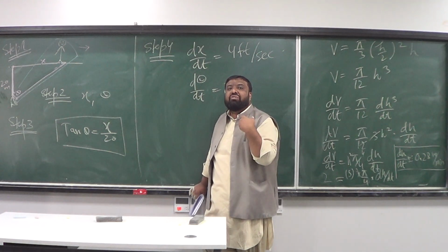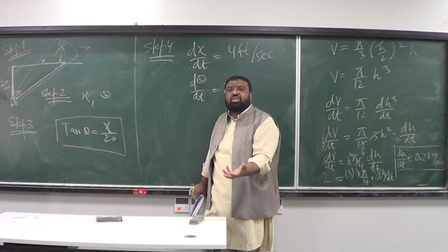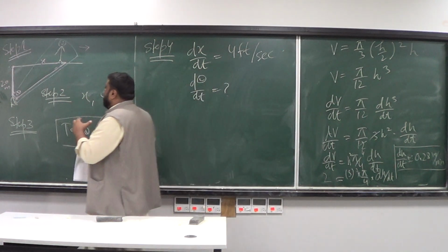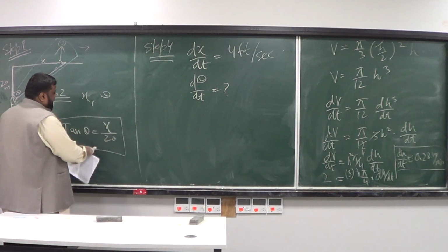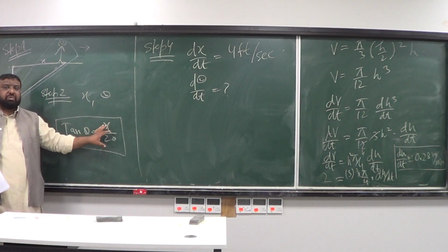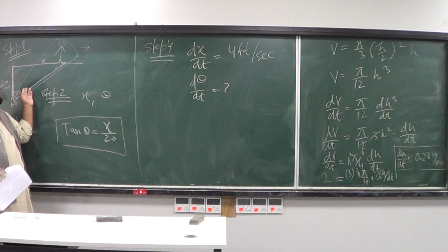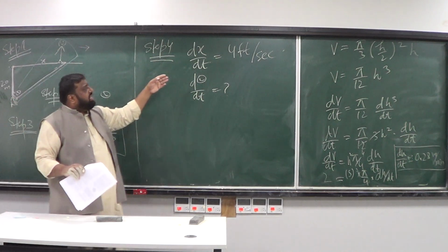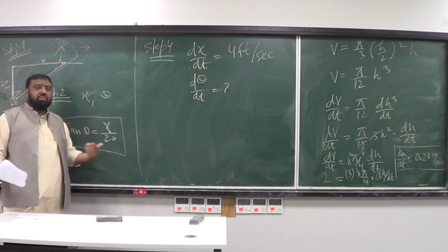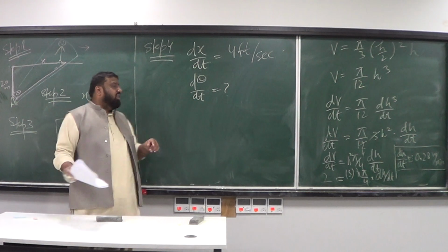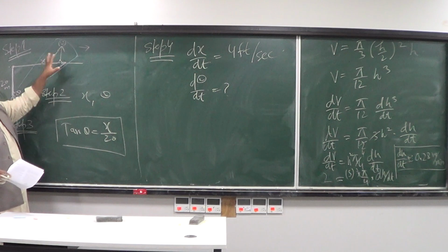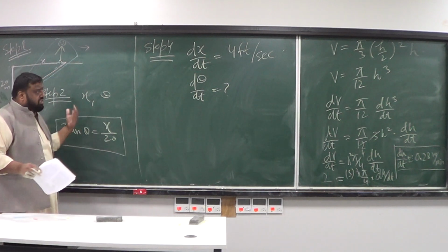The programming of such devices is based on the programming of such a relationship, where the machine knows the relationship between the quantities, for example x and theta, and the relationship between the rates. If one of the rates is given, it calculates the other and gives the command to, for example, this light to move in a certain way so that the person can be tracked. This is just one example of a machine.